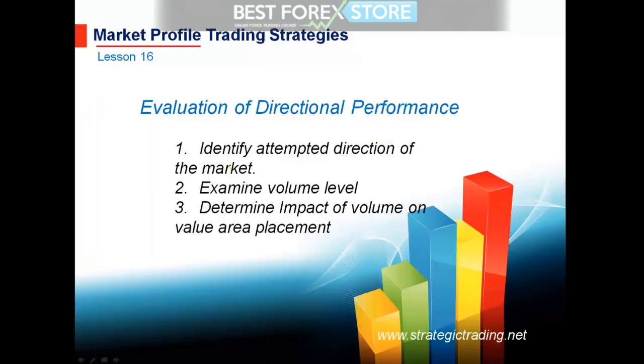So we begin by first trying to identify the attempted direction of the market. We examine the volume level that is accompanying that direction, and then we try to determine the impact of volume on where value area is in one period relative to the period that preceded it.